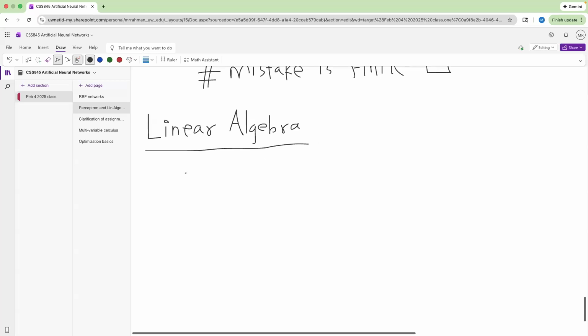So the first place where matrices and linear algebra come up is data, right? And model representation.